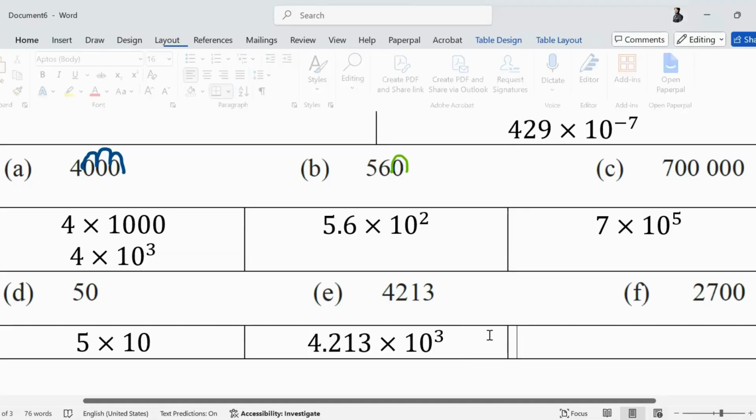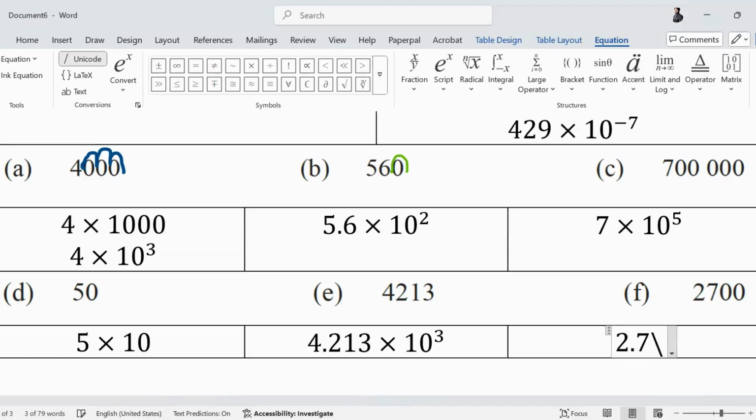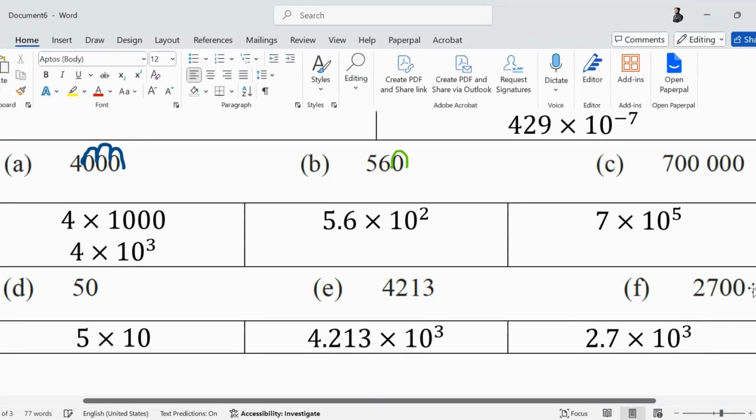What about this one? Number, what is the number? 2.7, very good, exponent 3. The decimal is at the end, beta. 1, 2 and 3.